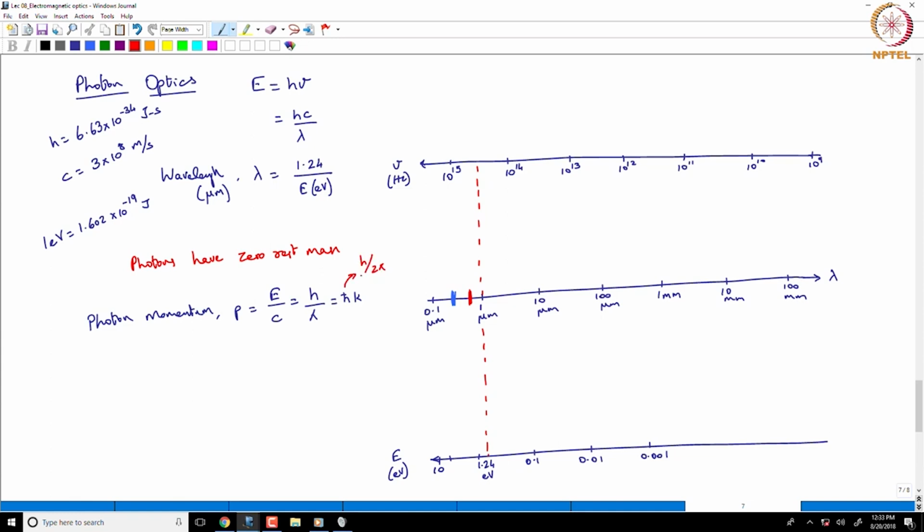So photons have 0 rest mass, but they can carry momentum.